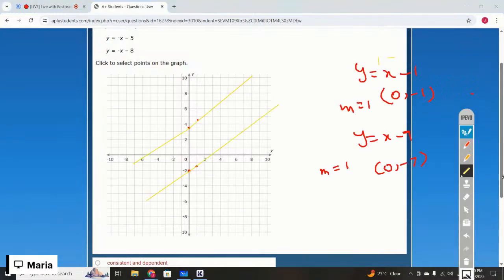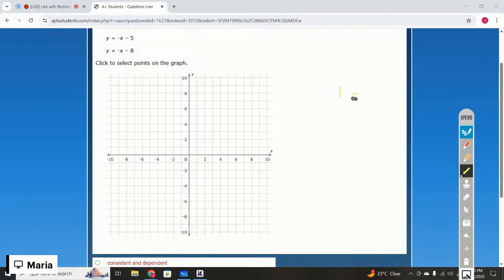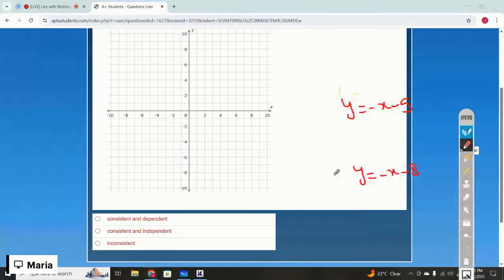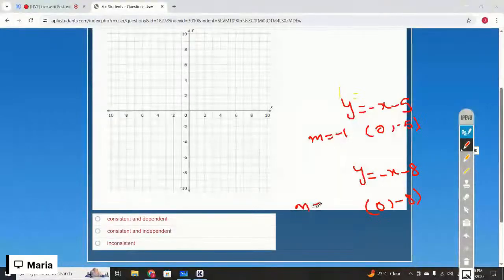Let me write down the equations first and we'll plot them. Y equals negative x minus 5 and y equals negative x minus 8. Okay, so for the first equation, when x is 0, y is negative 5, the slope is negative 1. For the second one, 0 and negative 8, the slope is also negative 1.